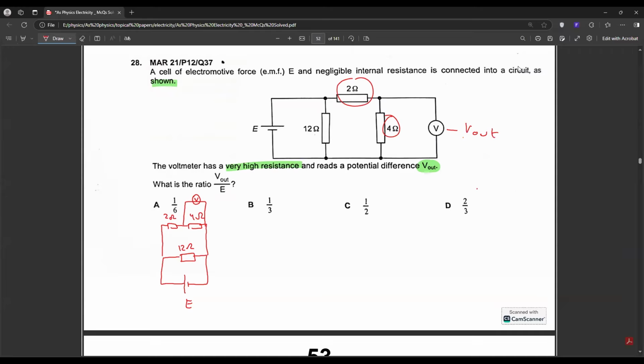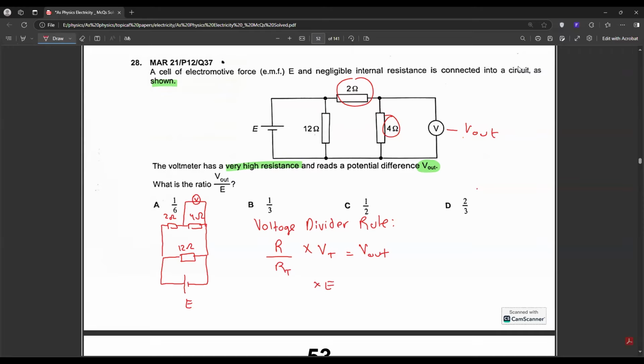Have we studied the voltage divider rule? Yes, we have studied the voltage divider rule. In the voltage divider rule, what do we used to say? Resistance over the total resistance multiplied by the total voltage is equal to your V output. So your V output of the 4 ohms is already here. What is your total voltage?